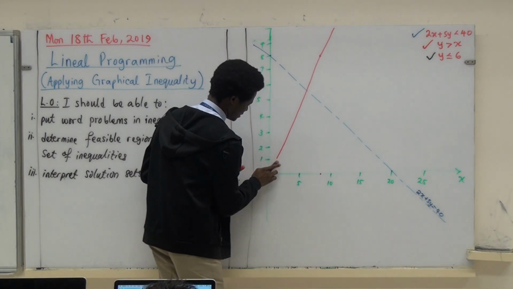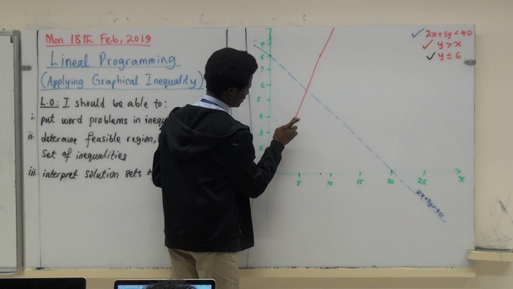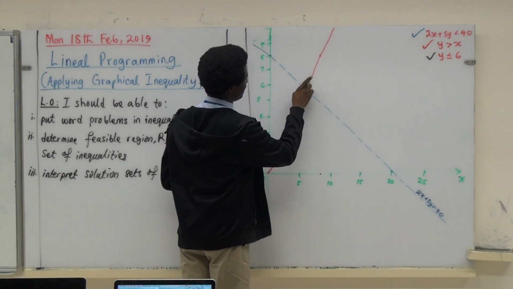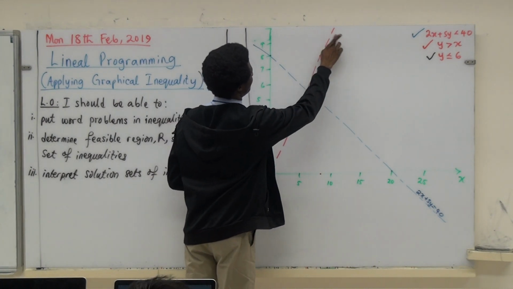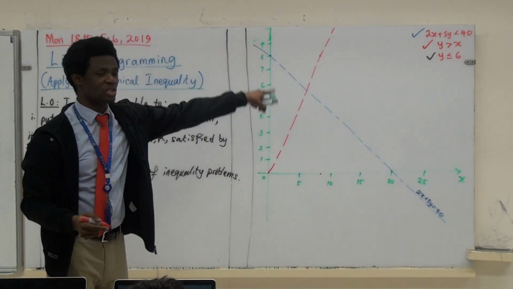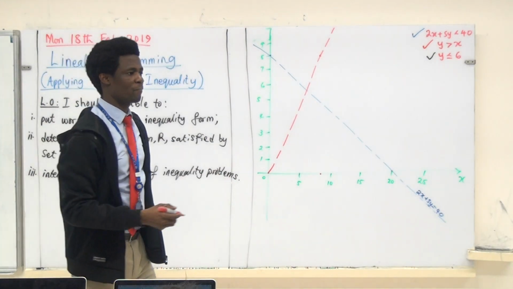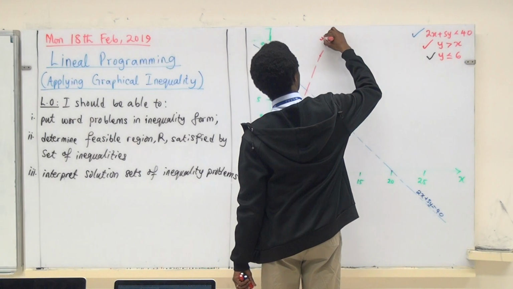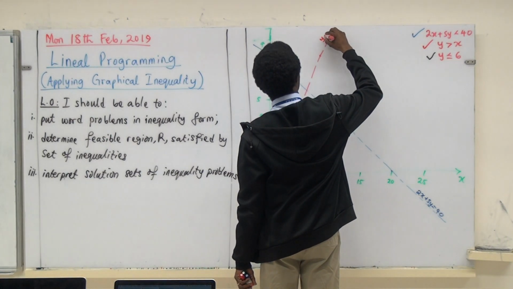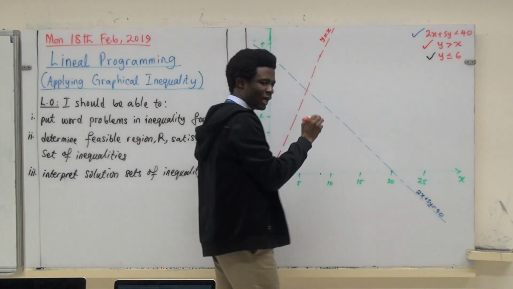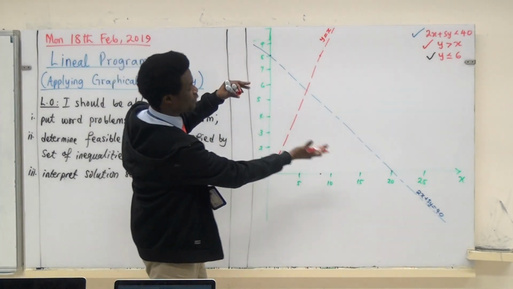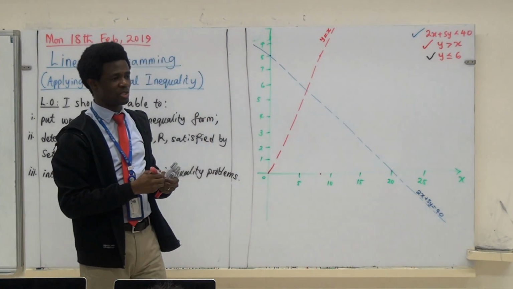So, what is the equation of this line? Y equals x, the line. The greater or less than is the region. Does it make sense?